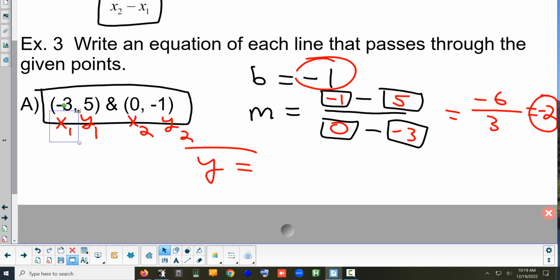So now, write the final answer. Using the m and the b that we just found, anyone think they can tell me what the final answer would be?